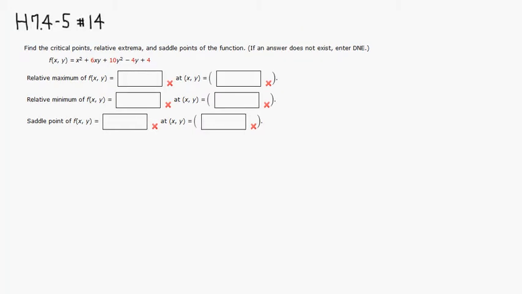In order to find the critical points, we need to find the first partials. So the partial derivative of f with respect to x: the partial derivative of x squared is 2x, and the partial derivative of 6xy is plus 6y.